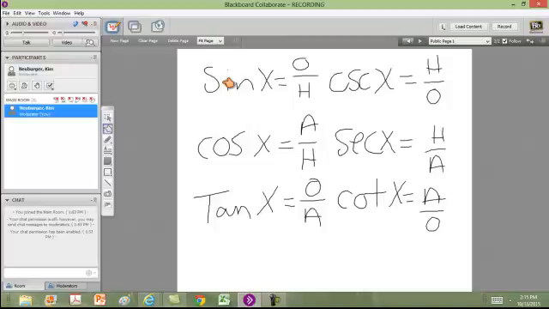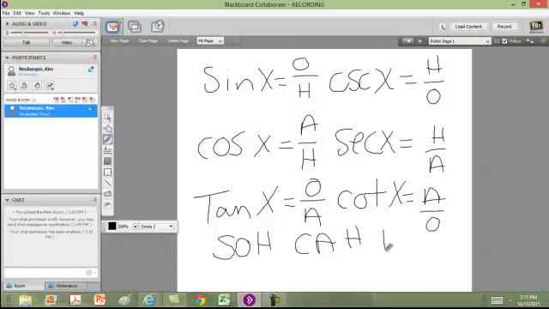Another way to remember at least just these basic things is a lot of people have heard SOHCAHTOA. SOHCAHTOA is SOH, CAH, TOA. These are just the initials. It's like an acronym to remember the 3 basic ones. You won't have to worry about these ones too much until you get to pre-calc.